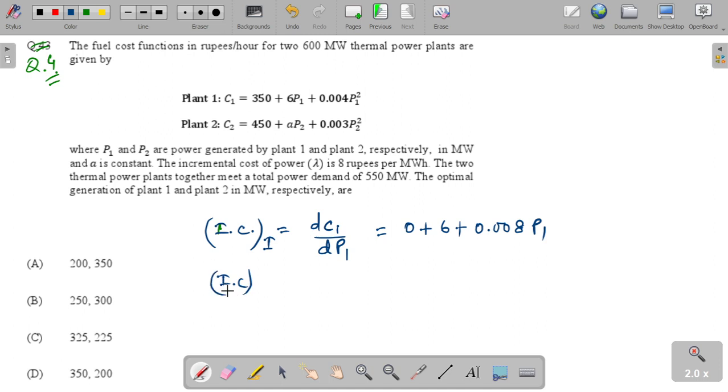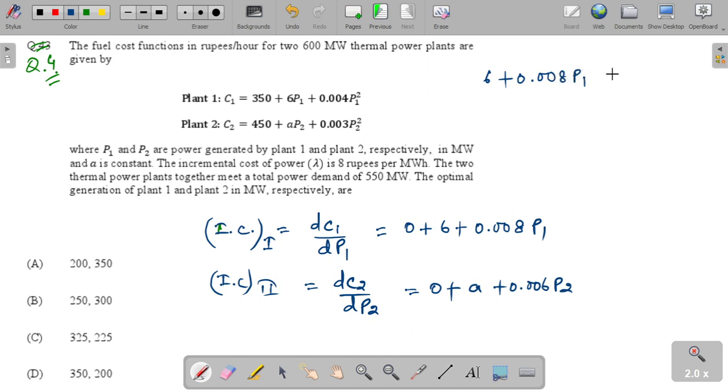In the same way, we can write the incremental cost for the second plant, dC2 divided by dP2, that is 0 plus A plus 0.006 P2. So the incremental cost is given lambda, that is 8 rupees per megawatt hour. So 6 plus 0.008 P1 must be equal to A plus 0.006 P2, and this is given as 8.